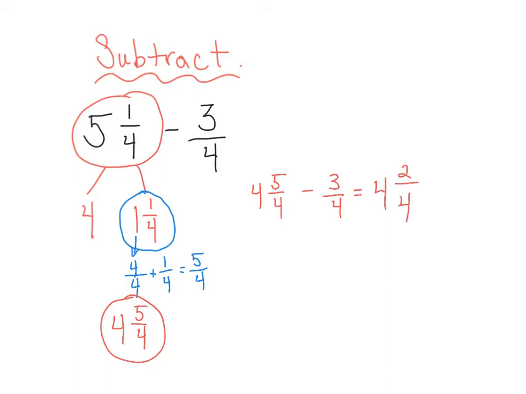So it's 4 2/4. Again, we always want to make sure that we are checking to see if we can simplify. In 2/4 we can, because the factor they have in common would be 2. And this would bring us to 4 1/2. So 5 1/4 take away 3/4 is 4 1/2.